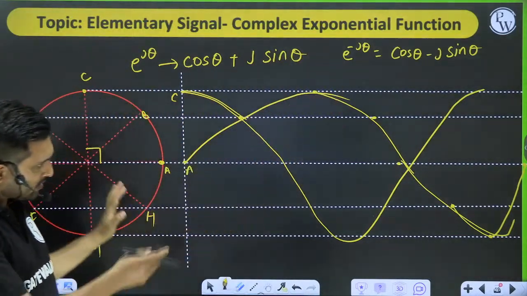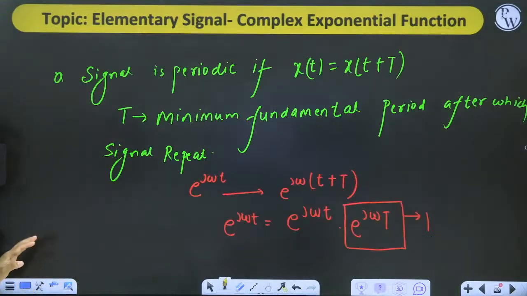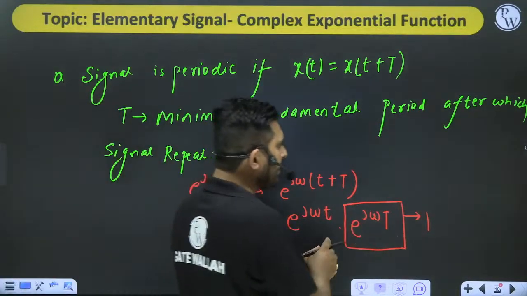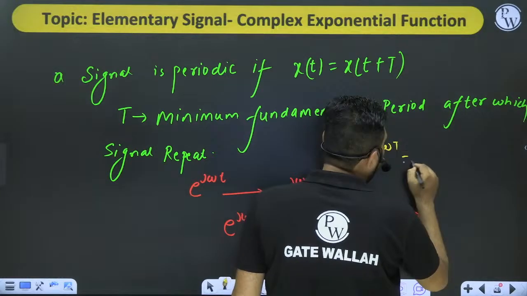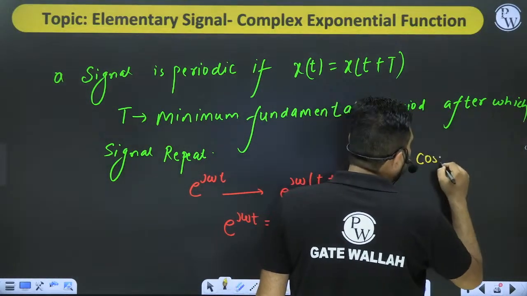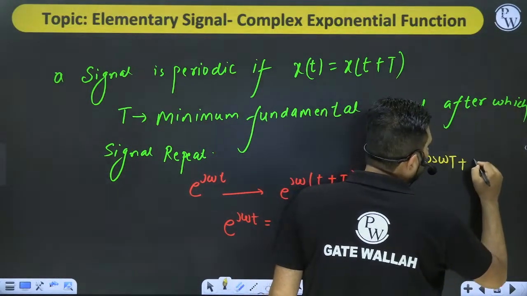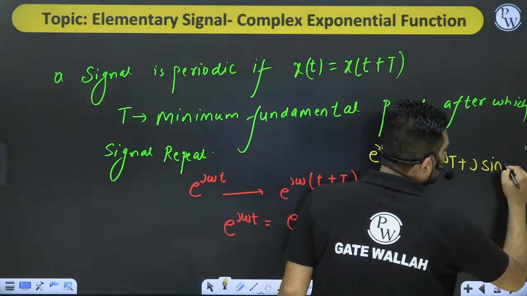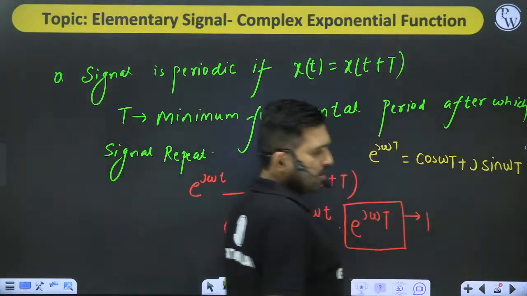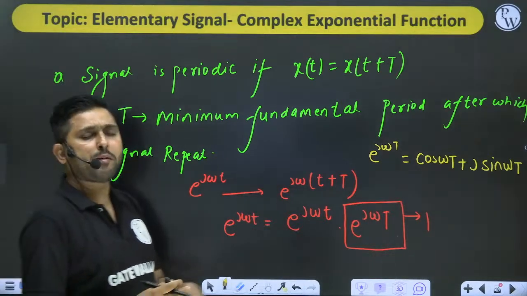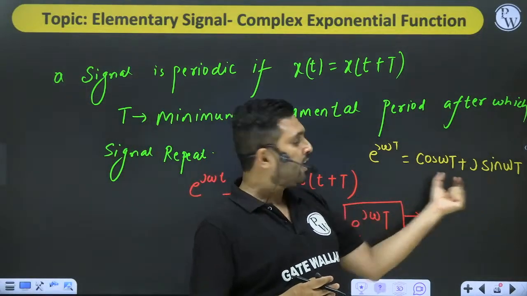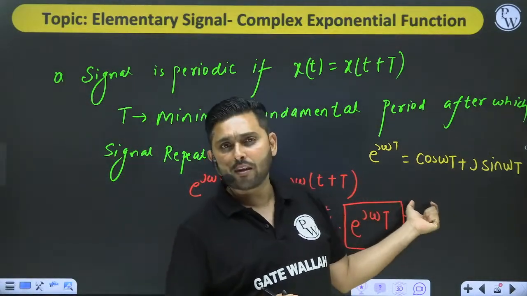Okay, so just come to this picture. See here, e to the power j omega t, I can write this as cos of omega t plus j sine omega t. Now tell me, what should be the minimum omega t so that this value is equal to 1?